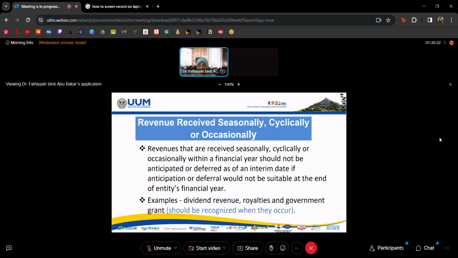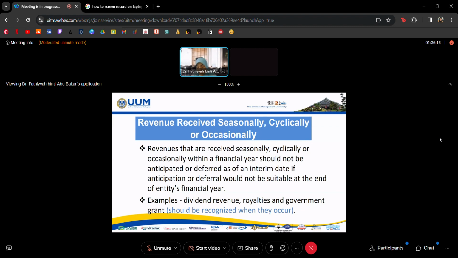When you get the information on that particular date, then at that time you have to recognize it. Even if you cannot estimate things that you have no power or control over, you cannot make predictions, because the government will give you the decision whether they approve your application or not. So we wait until the government releases the result, whether your application is successful or not.